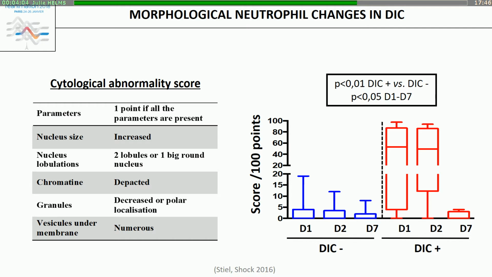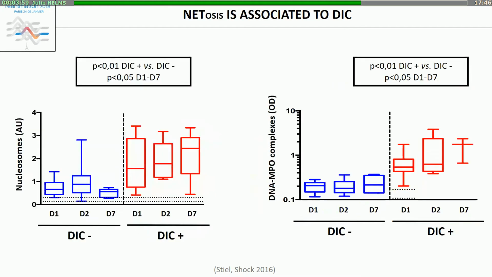And we wondered whether these abnormal neutrophils were related to NETosis. So we have quantified indirect markers of NETosis in plasma, and we have indeed shown that only DIC patients had increased markers of NETosis in their plasma, which were nucleosomes, which are specific of NETosis, and DNA-MPO complexes.